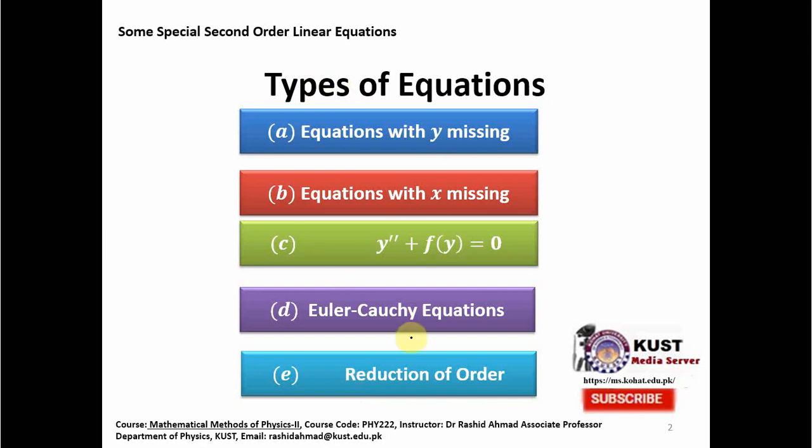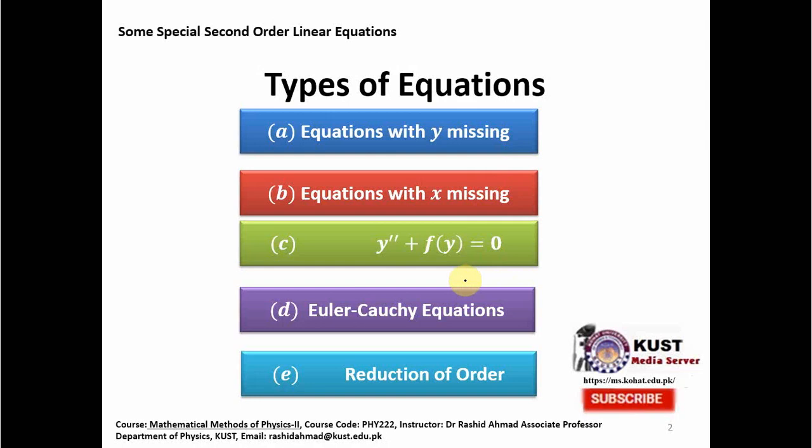This is not an exhaustive list of all sorts of equations, but these are the most common ones. In coming lectures we will also deal with other methods and other equations which are not included here, but these are a few important equations, and therefore it is essential to know the methods of their solution.